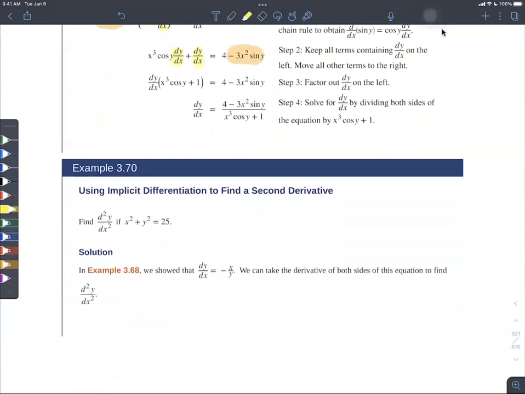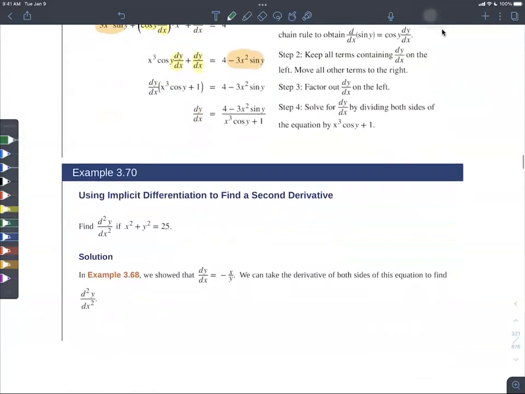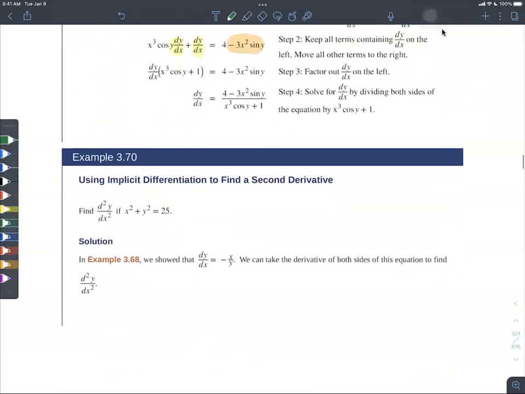Okay, so what if we want to find a second derivative? Well, that's actually not too hard. We just find the derivative twice, right? So here we are asked to find the second derivative of y for the equation x squared plus y squared equals 25.